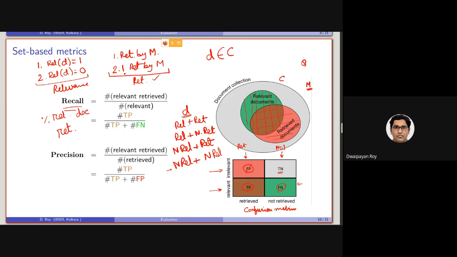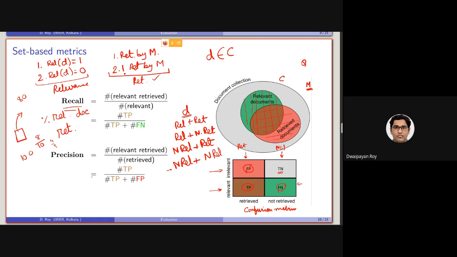Again, recall is the percentage of relevant documents retrieved by the system M. Out of the total number of relevant documents present, how many of them are retrieved by the system? Let's say there are 100 relevant documents, and the retrieval system retrieves 80 out of the 100. The recall will be 80 by 100, or basically 4 by 5.